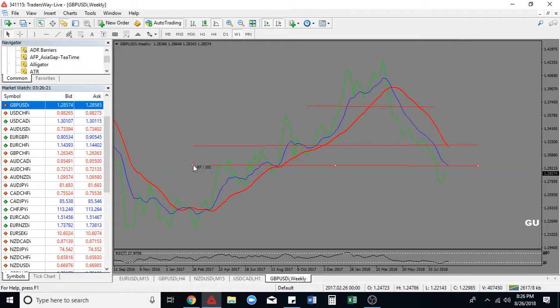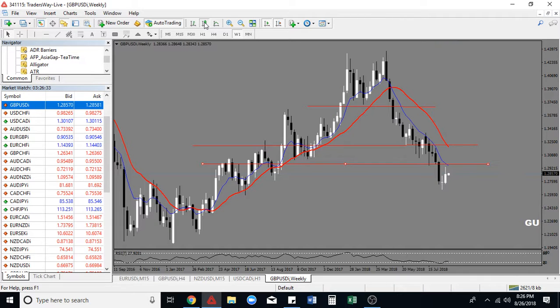That level pretty much comes in right about there, give or take. We never actually got a retest up to that level yet.